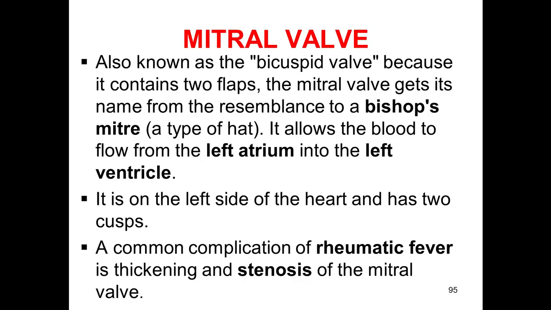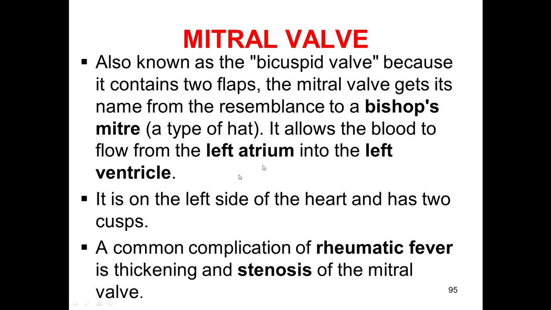Now, a little bit about mitral valve. This is bicuspid valve and its name is derived from the resemblance to a bishop's mitre, a type of hat. It allows the blood to flow from the left atrium into the left ventricle, and it has 2 cusps.